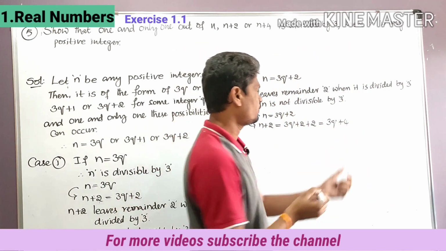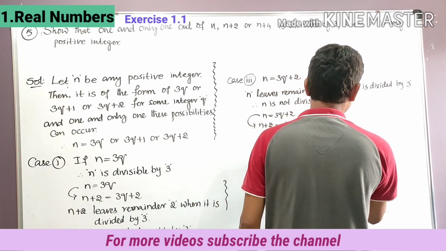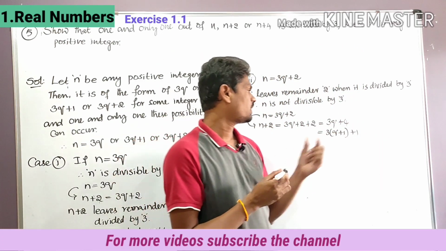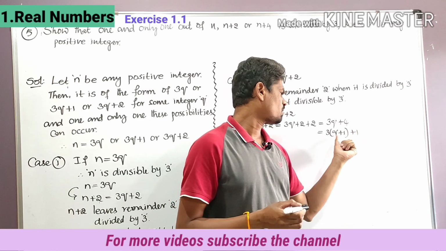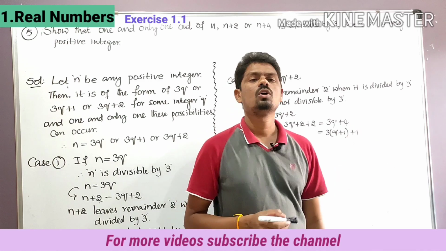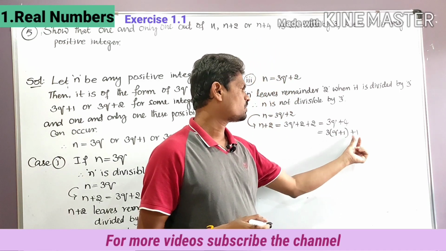If you take 3 as common, we get 3 into q plus 1, plus 1. So student, 4 can be written as 3 plus 1. So we get 3 as common, 3 into q plus 1, again plus 1. If you multiply 3 into q, 3q, 3 into 1, 3, plus 1 is 4. So see student, it is a multiple of 3 plus 1.